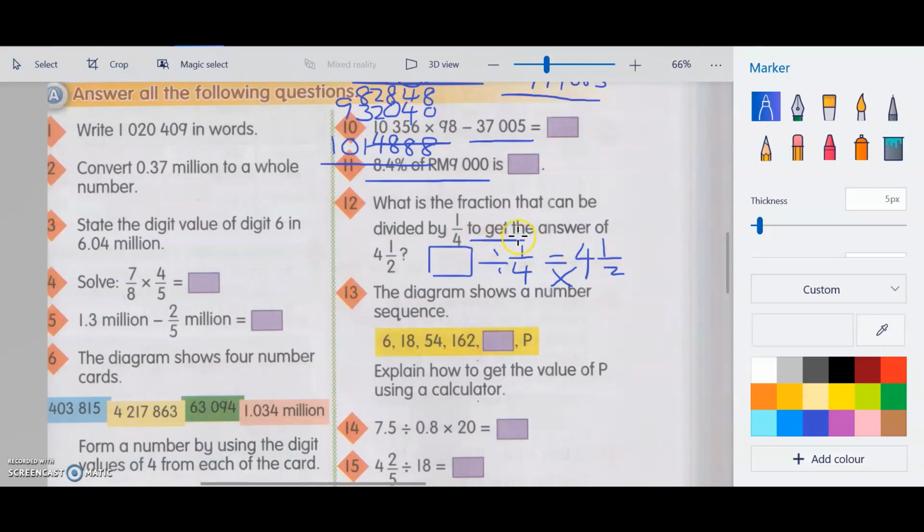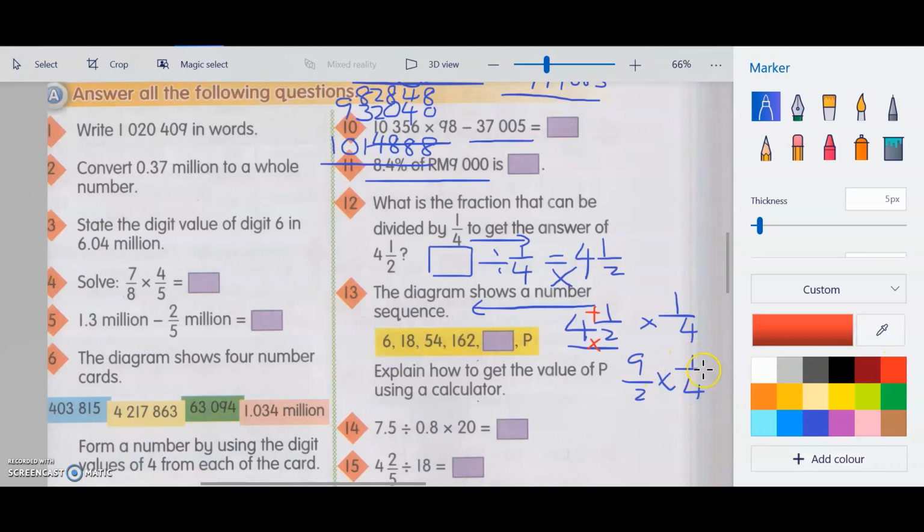Because this is dividing to the right, so to the left, to find the front number, we times. So this one times this one. And this one you change to improper fraction first. How do you do that? You times and then you plus. So 2 times 4 is 8, 8 plus 1 is 9. The bottom remains 2.